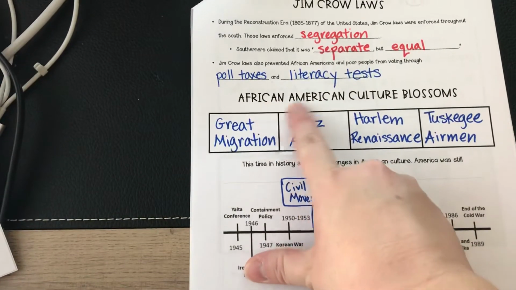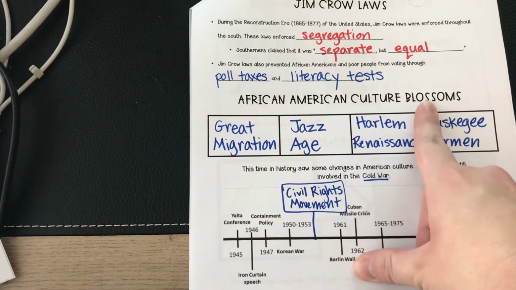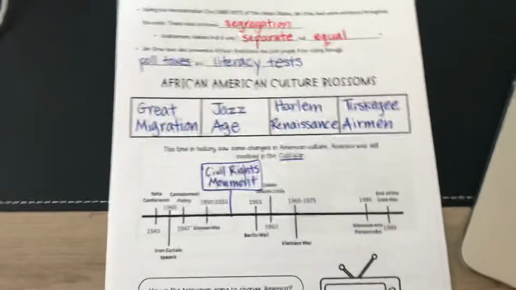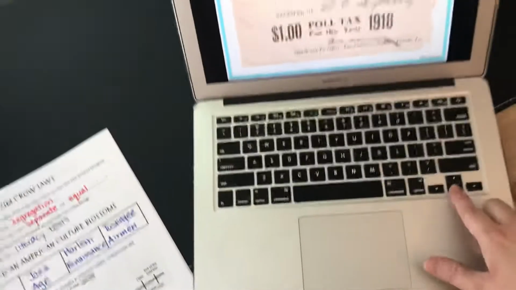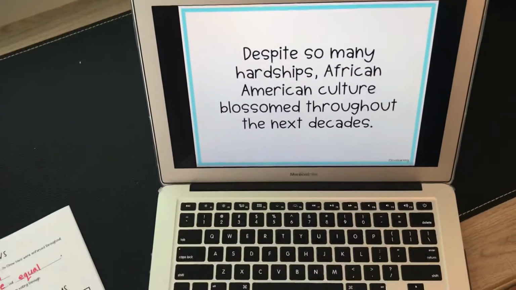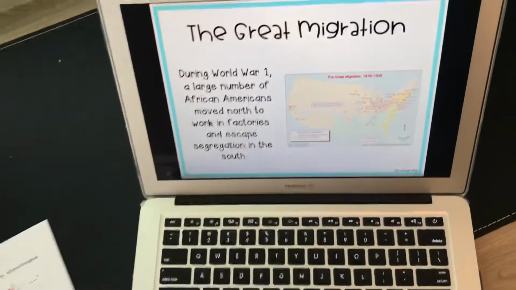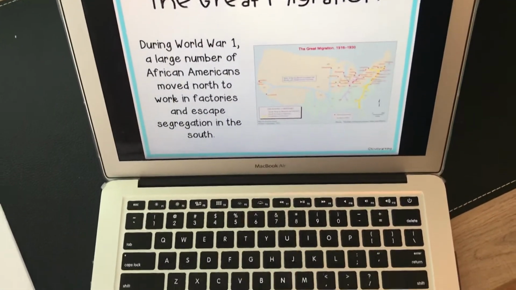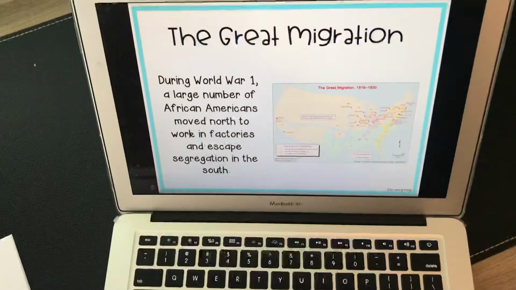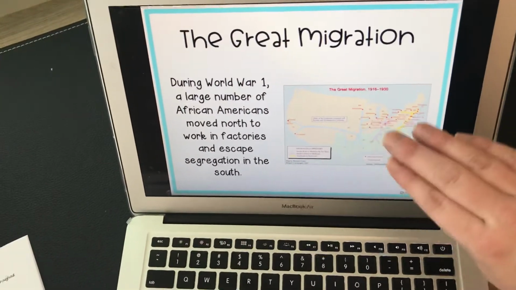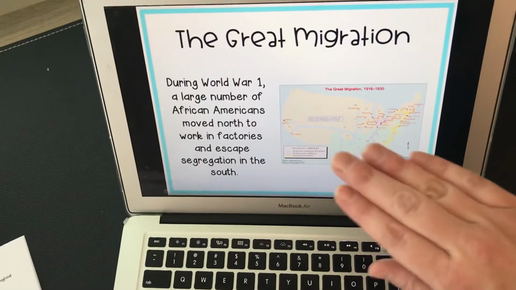But in spite of all that, African American culture blossoms from the early 1900s and on. So we put these different things of how they blossomed and what occurred. I really would encourage you to check out the map more closely. I can't enlarge it for you now, but it basically says that there were a bunch of African Americans living in the South at the time.